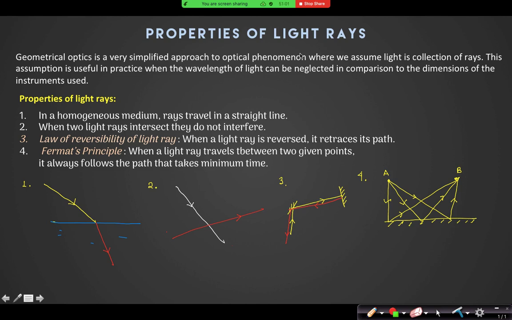Not Fermat proved it, he observed this thing happened. But nowadays, if you want to prove it, you can prove it, right? Because we have precise instruments to measure the time taken for the light to travel from A to B, and you can prove it also.